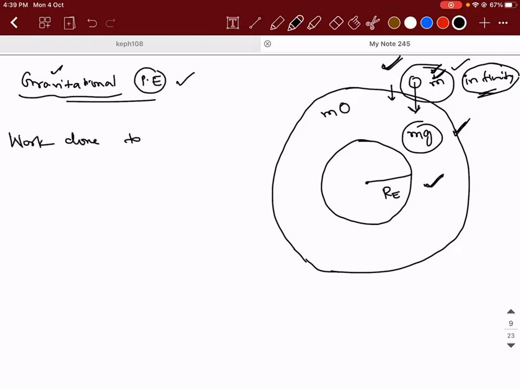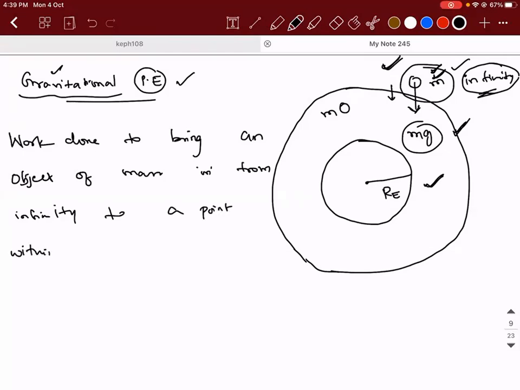So write it down. Work done to bring an object of mass m from infinity to a point within the gravitational field of Earth is what we call gravitational potential energy.